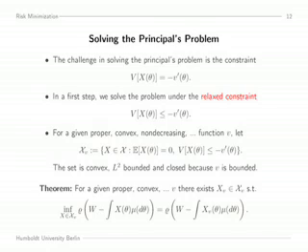So the infimum here, if we restrict ourselves to this set X_v, has a solution. So if the variance constraint were not binding, the principal's problem would have a solution. Now we have to find a way to take this solution, X_v, and transform it into something which solves the original problem.